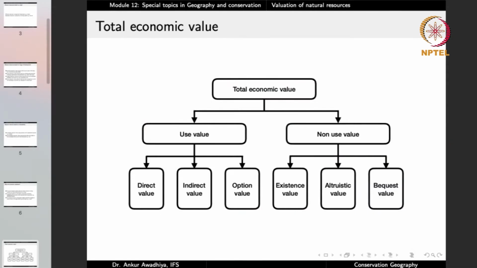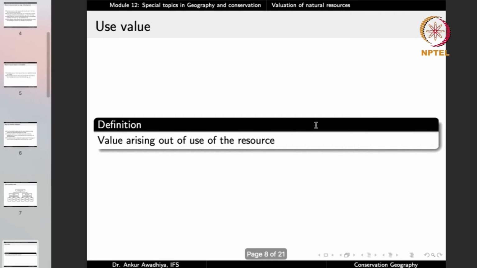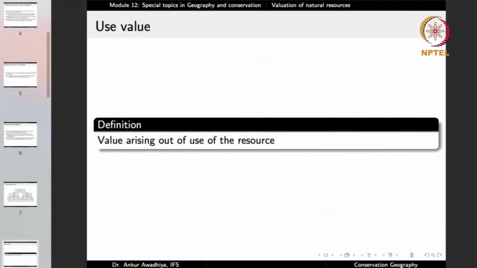Now, total economic value of a natural resource is the sum of the use value and the non-use value, where use value is the value that arises out of the use of the resource. So in certain cases, you are using the forest for something, and the kinds of economic benefits that you get because you are using the forest will be called the use value of the forest.